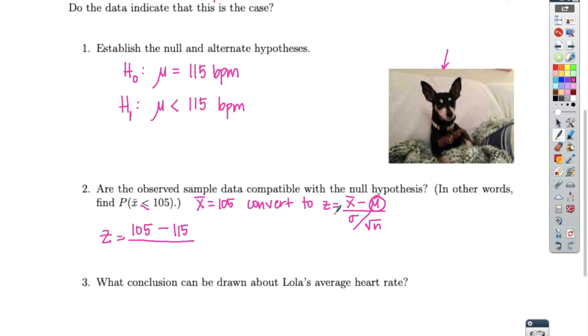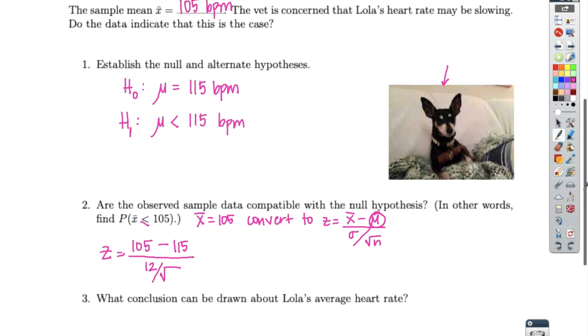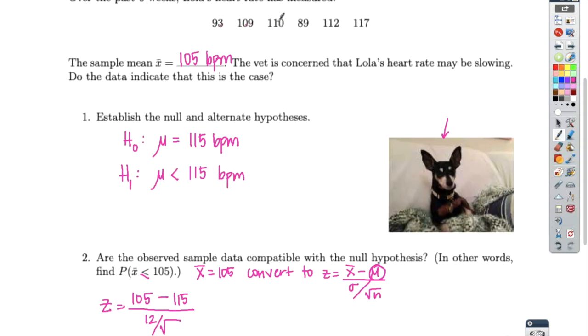Well, they gave me sigma in the problem. Sigma equals 12. And over the square root of n, n is that sample size. And so because we were given 1, 2, 3, 4, 5, 6 values, that's my sample size here. So toss that into your calculator and let's round this, if necessary, to 2 decimal places like we usually do for z's.